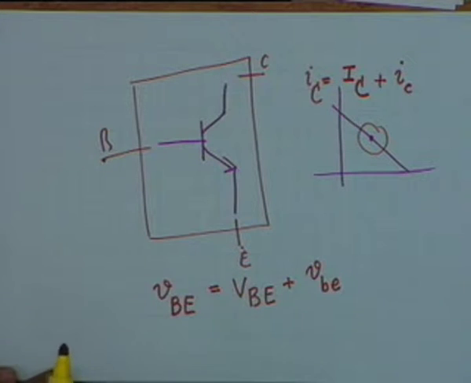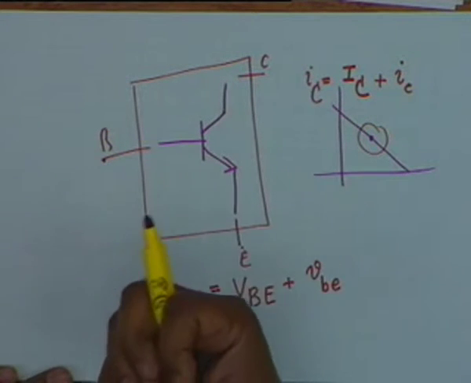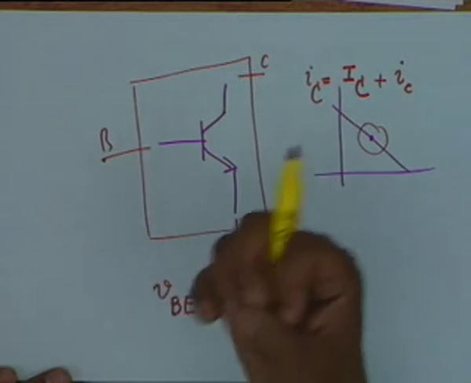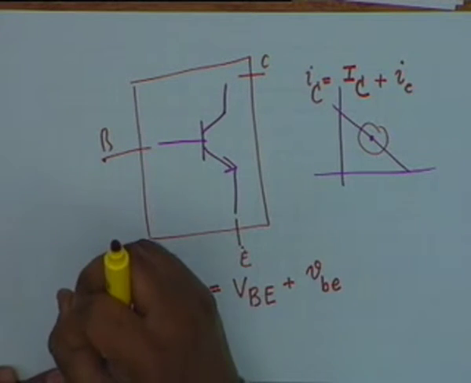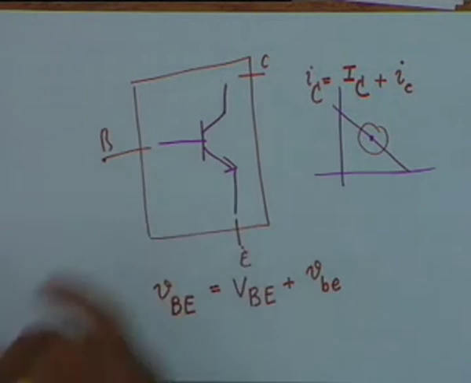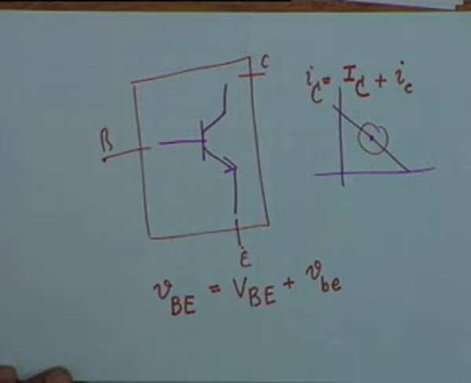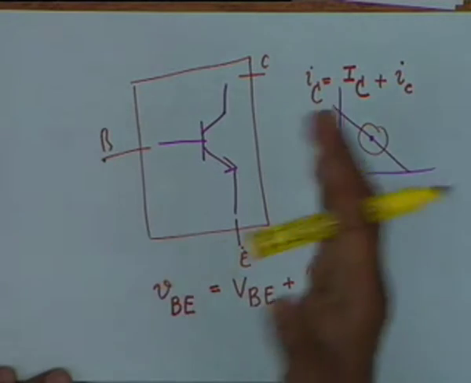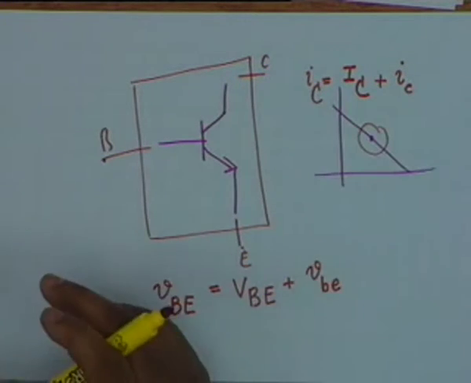The next question is, if you are concerned with small signals, signals which do not drive the transistor to its limits, that is, maximum dissipation is not called for, how do we characterize the transistor? Is there a simple way of doing it? Yes. We treat the transistor as a linear device. For small signal purposes it is absolutely linear, and therefore DC and AC quantities can be divorced from each other.